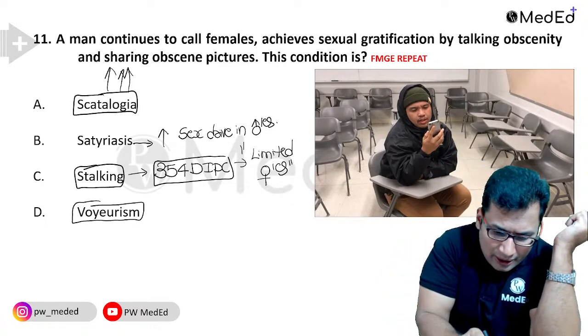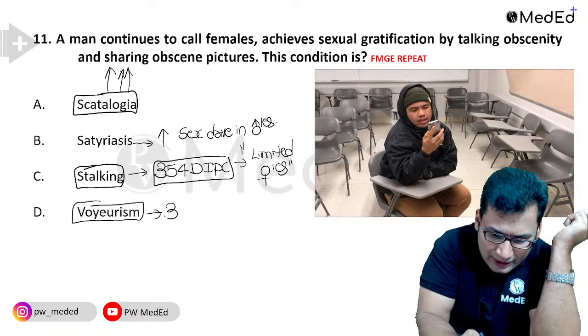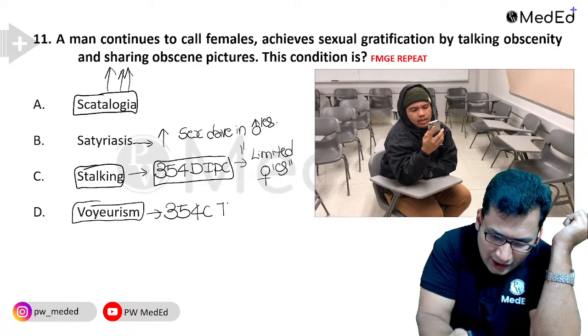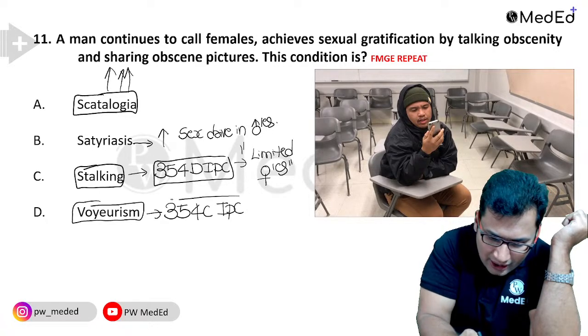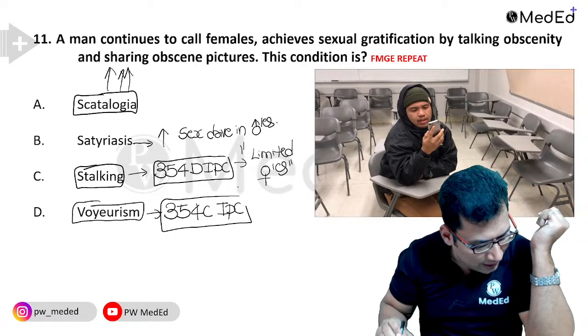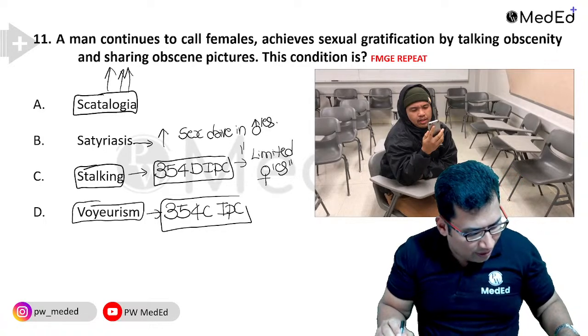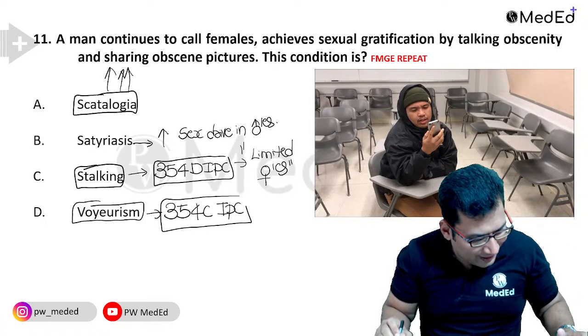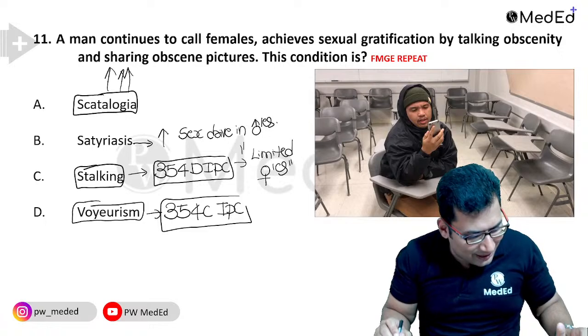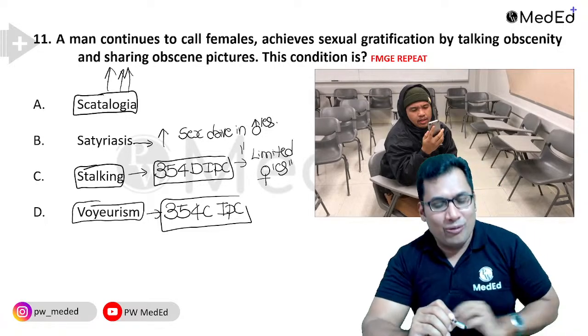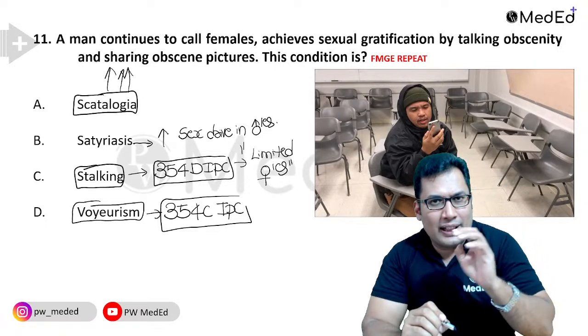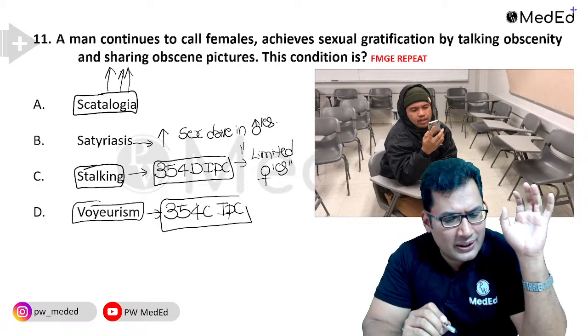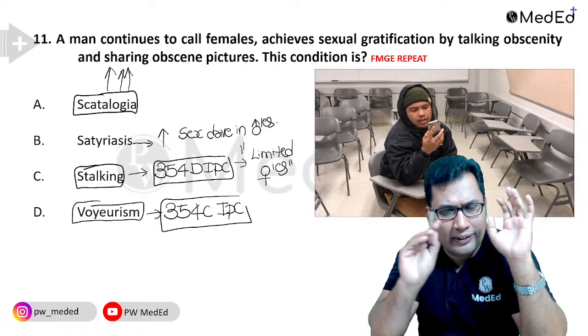That is punishable under 354C IPC. This can be asked in your exam. Yes, Dipesh Soni is saying it only happens with boys. Okay, fine. So all of you once again, scatologia, satyriasis, stalking, voyeurism, all discussed.